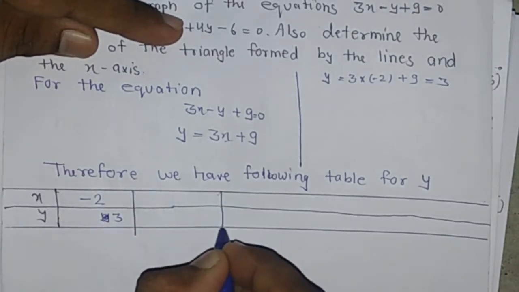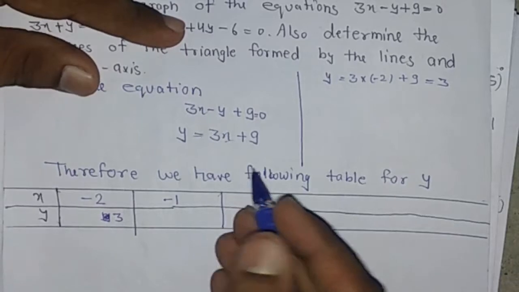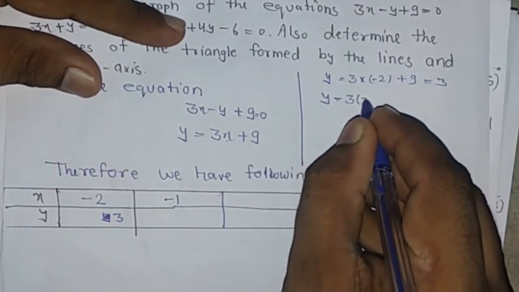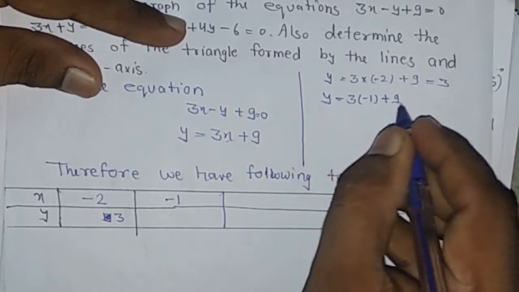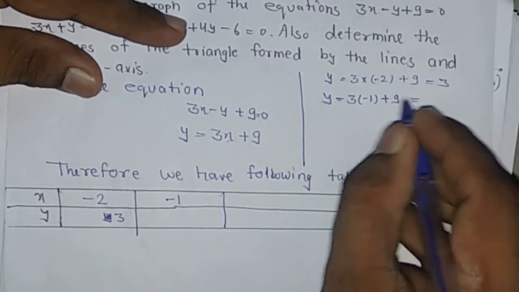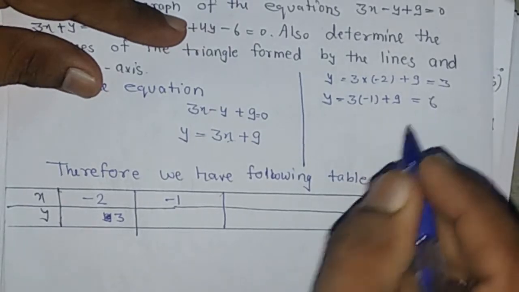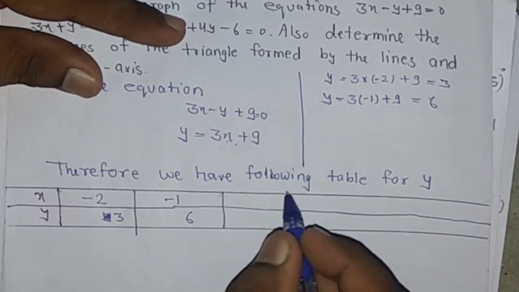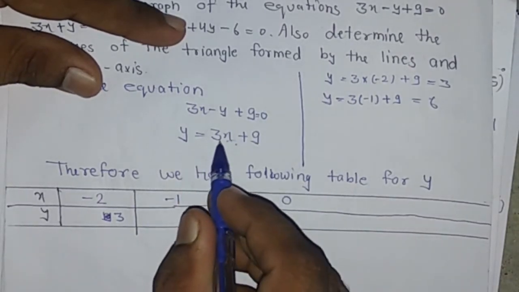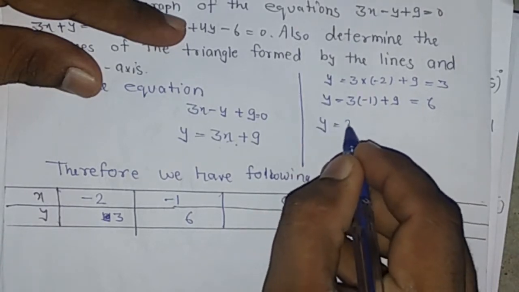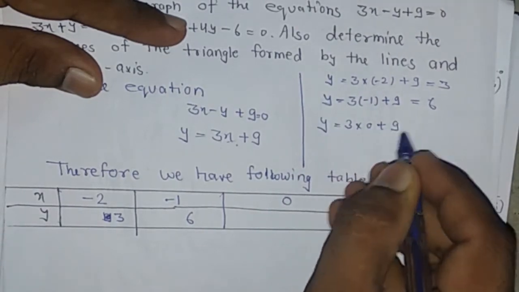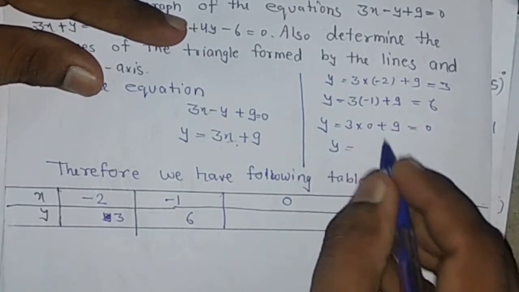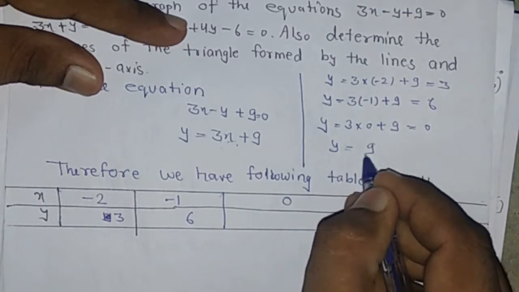x equal minus 1. We put x equal minus 1: 3 into minus 1 plus 9 means minus 3 plus 9. Value of y is 6. And x equal 0: 3 into 0 plus 9, value of y is 9.